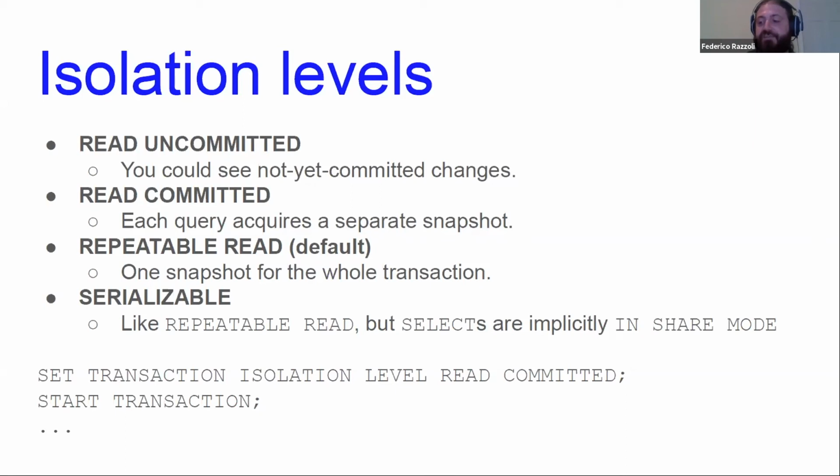So the result you will get with your queries across the whole transactions will be consistent. The last one is just a variation of repeatable read. So basically, every select I run becomes a locking select. I will not dig into the details because it is something that most of the times you don't need.